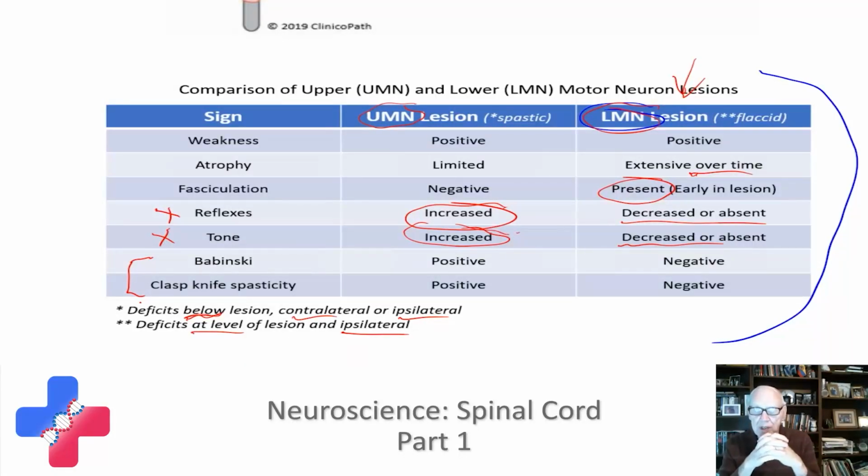Again, you remember the most common type of upper motor neuron lesion is going to be a capsular stroke, internal capsule, posterior limb. And when a person has that result from a stroke, remember, spasticity is primarily going to be illustrated in the upper limb in the flexor muscles and in the lower limb in the extensor muscles.